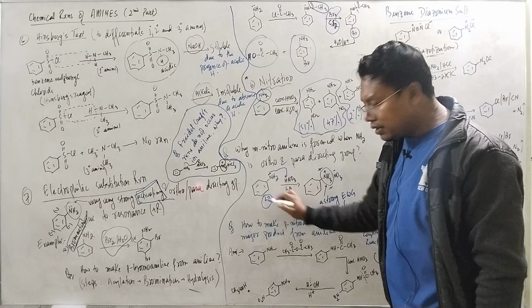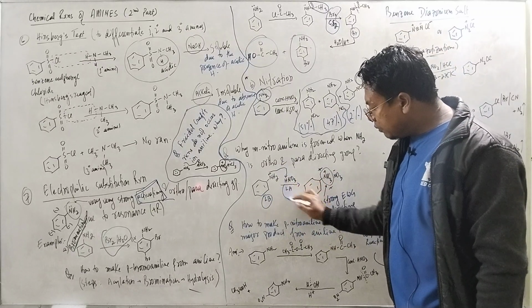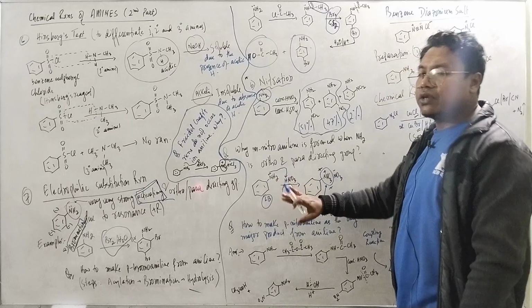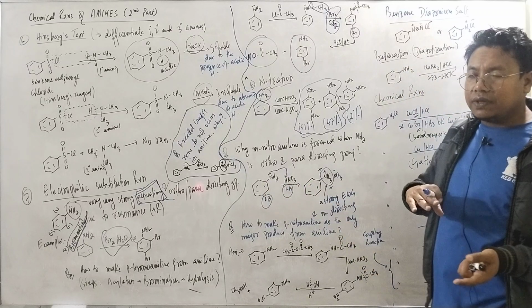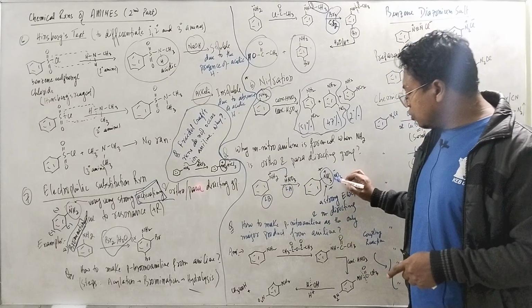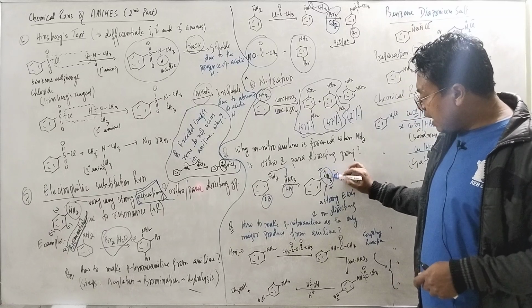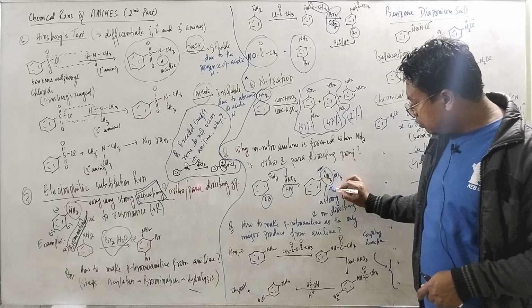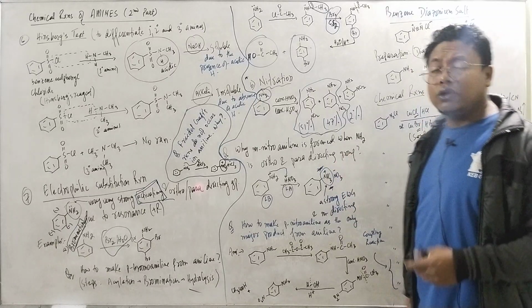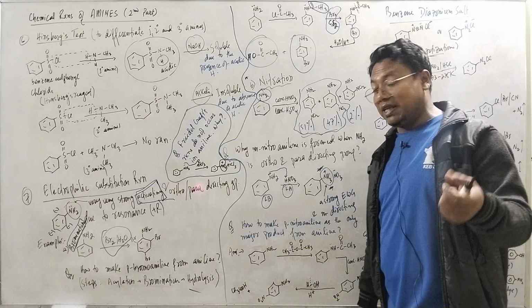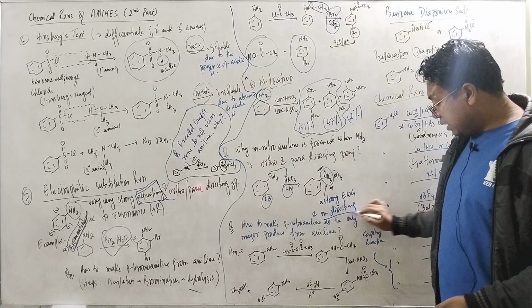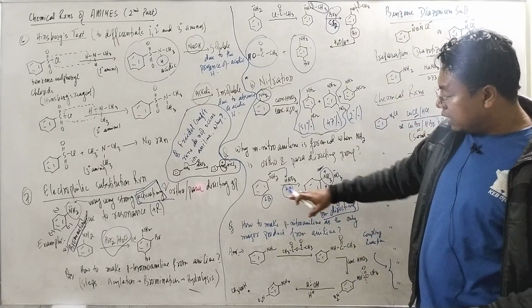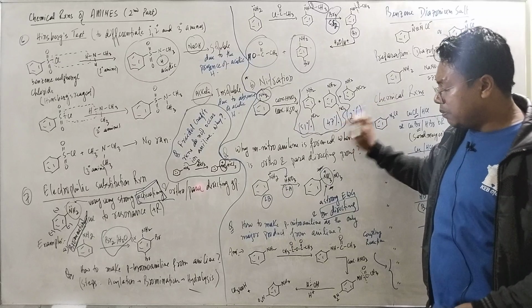NH2 is a Lewis base, H plus is a Lewis acid. So an acid-base reaction takes place before the electrophilic substitution reaction, forming the anilinium ion, NH3 plus, which is a very strong electron withdrawing group, and electron withdrawing groups are meta directing groups. This is a meta directing group, so the meta isomer is formed.